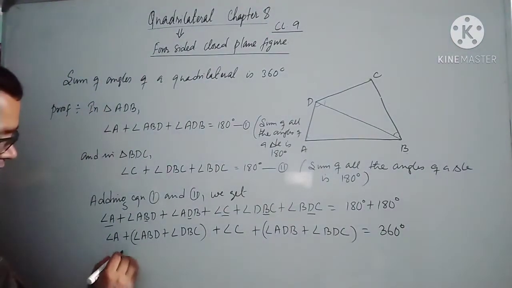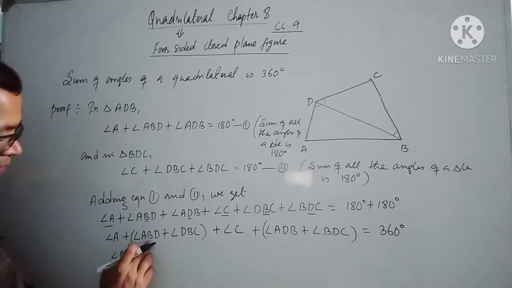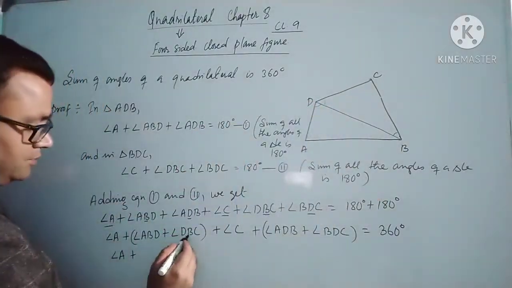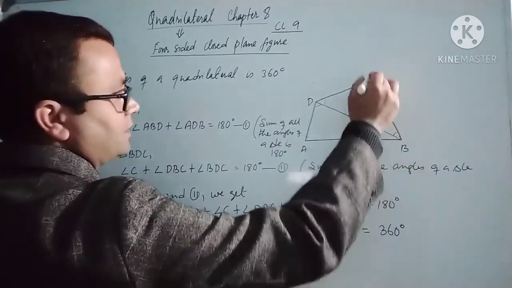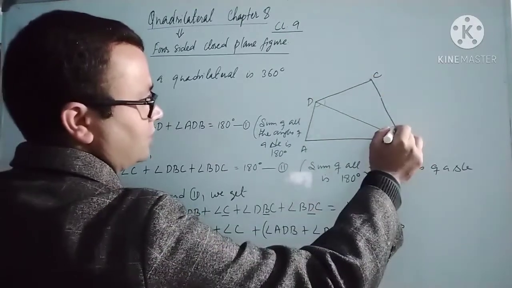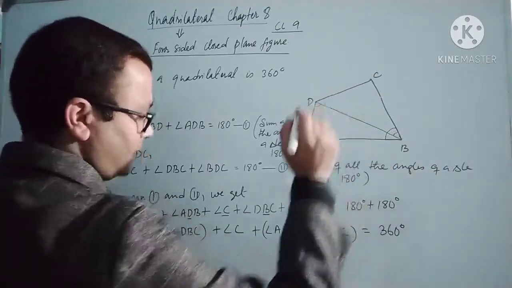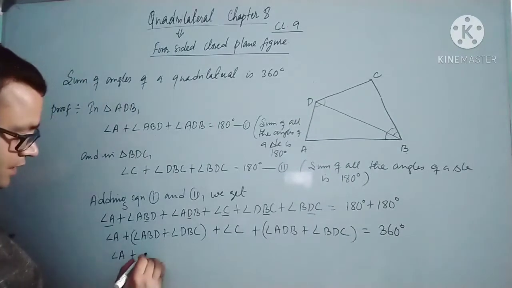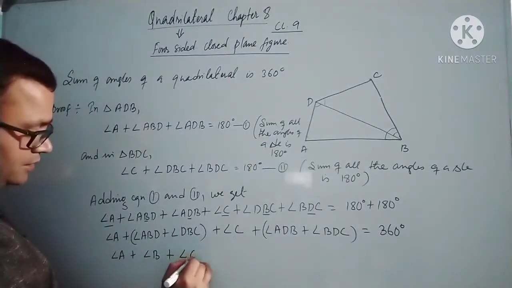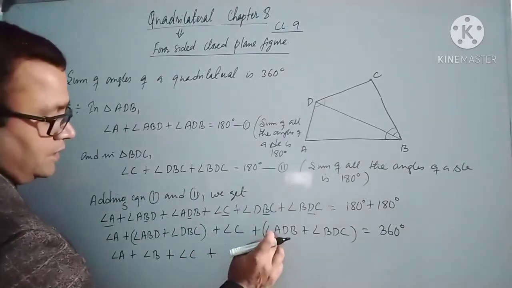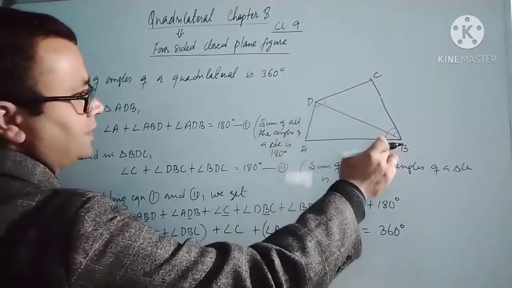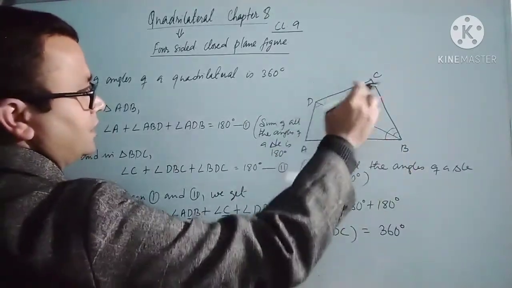Angle A plus, now ABD plus DBC, ABD and DBC together make the whole angle, that is angle B. So it is angle B plus angle C plus ADB and BDC.